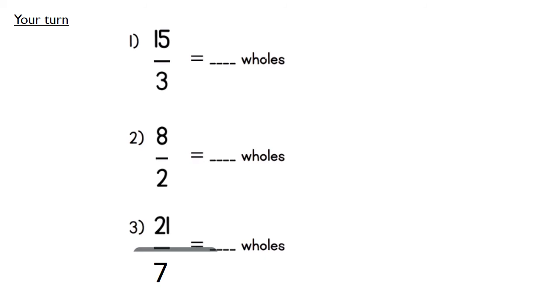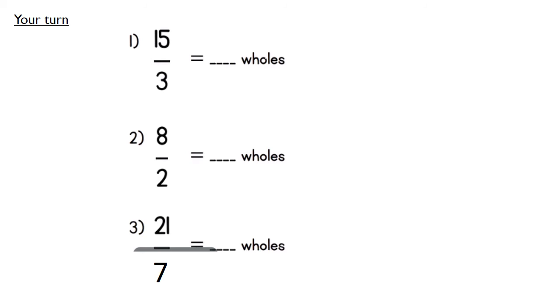Okay, Year 5, here's another mini task for you. So here you have 3 different improper fractions. You have 15 thirds, 8 halves, and 21 sevenths. So you need to tell me, with question 1, 15 thirds is how many wholes?